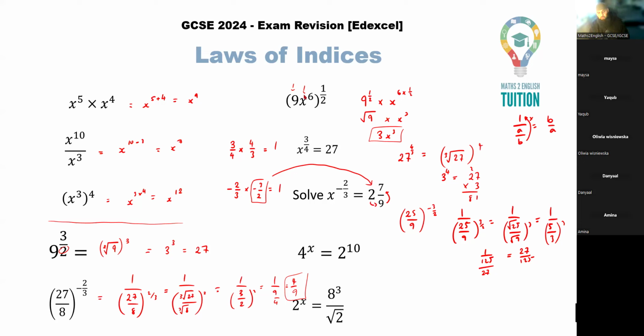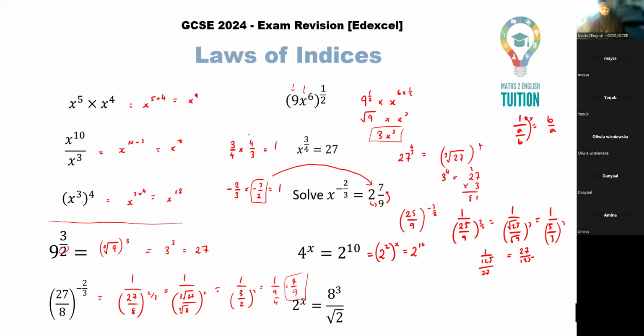Right, next question. What we have over here is we have to turn the base to be the same. What base do they both share? They both share a 2, so we can turn 4 into 2 to the power of 2, bracket x, and then we have equals 2 to the power of 10.